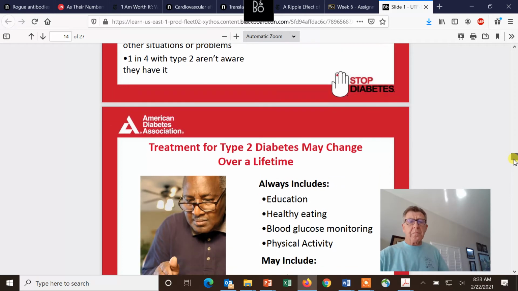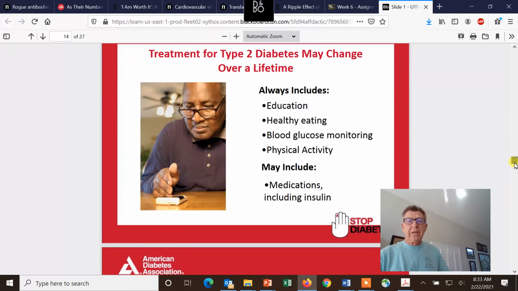And the key really is education, healthy eating. You can counteract your reliance on drugs by just exercising and eating better. Sadly, once you've kind of gone over the threshold of being a type 2 diabetic, you're going to need to use some drugs, but it doesn't always have to be an insulin injection. There are pill form drugs that help increase the sensitivity of your insulin receptors.